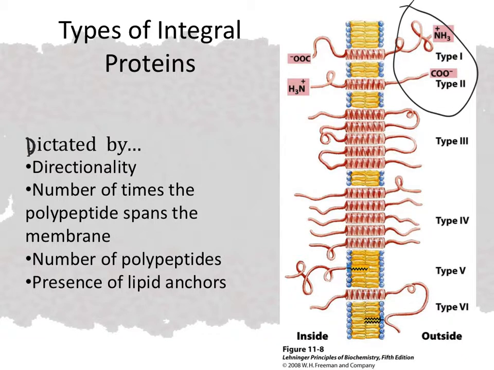For a type 3, this is a single polypeptide that transverses the membrane multiple times. It doesn't matter the directionality here. Type 4 is different because this is one that we haven't talked about yet.